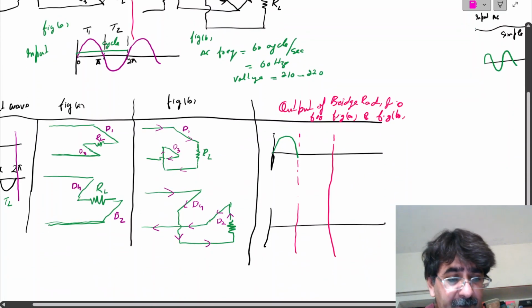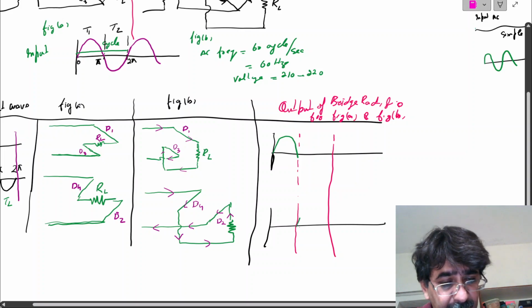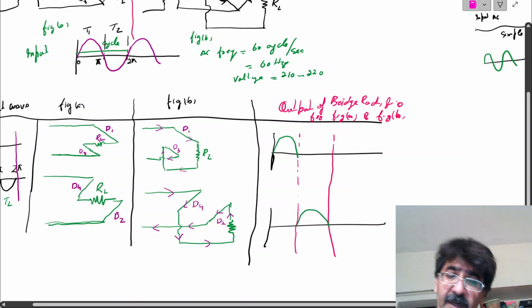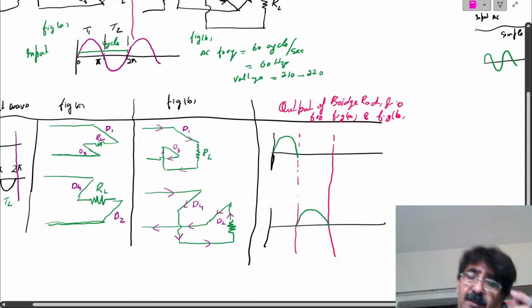The negative part of T2 will be converted into a positive ripple as the output.